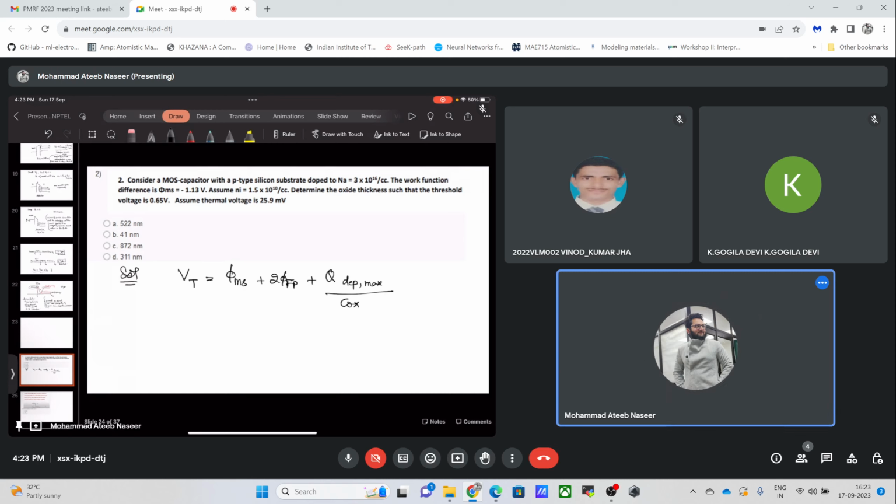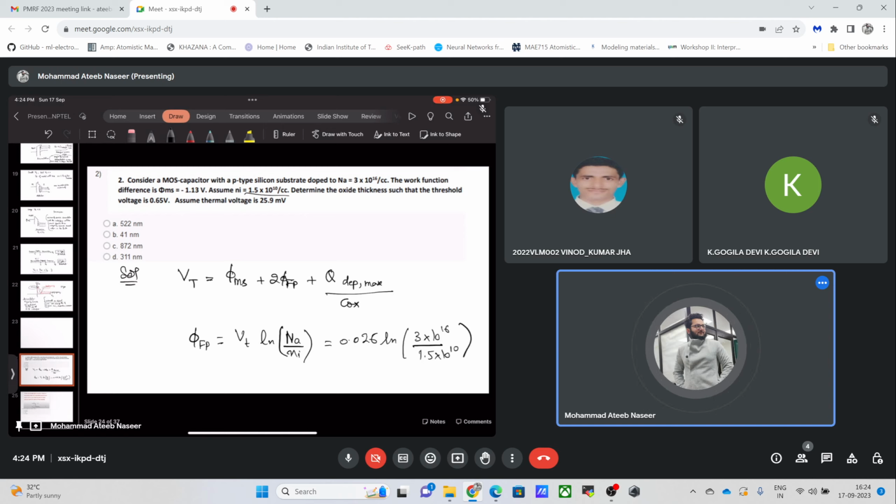Now for the phi fp, we need to find it from the doping carrier concentration. Phi fp is simply Vt ln of Na by Ni. It is 0.026 times ln of Na, which is 3 into 10 raised to power 16, by Ni, which is 1.5 into 10 raised to power 10.